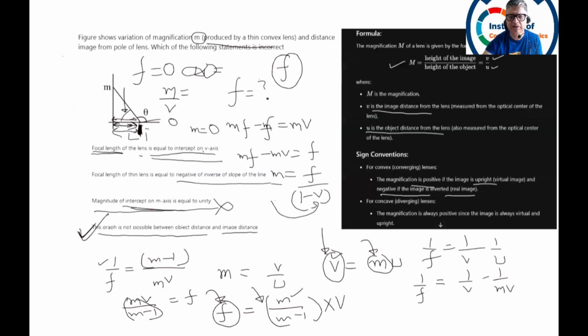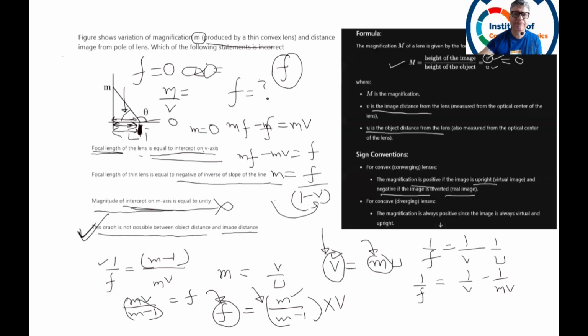That is not possible because it is given by this formula. So if it is 0, then what are we saying? That the object is at infinity or image is at 0. So this makes no sense at all, I think, if we do an analysis. I mean, for a lens, of course, you can have different situations.